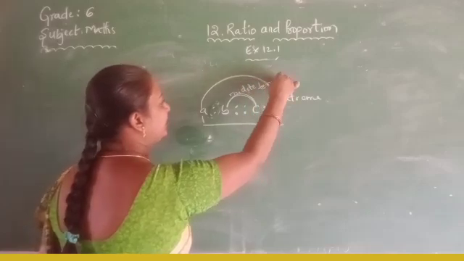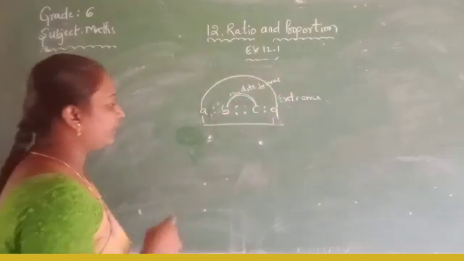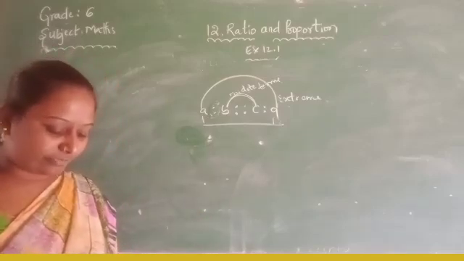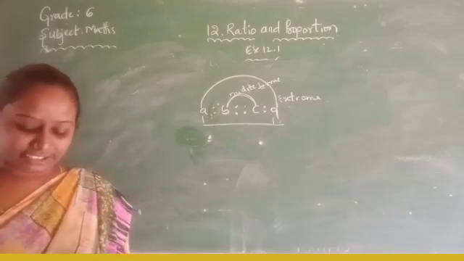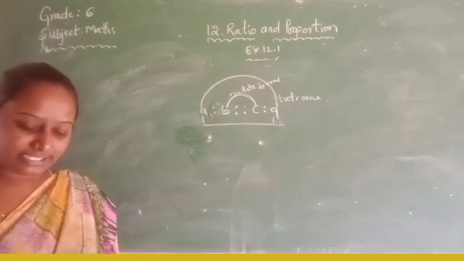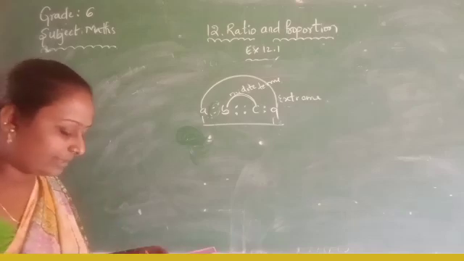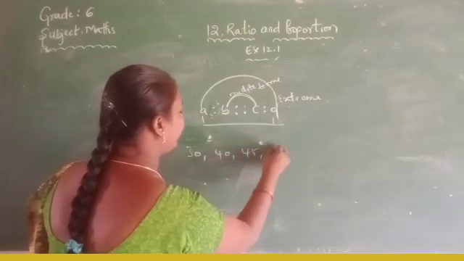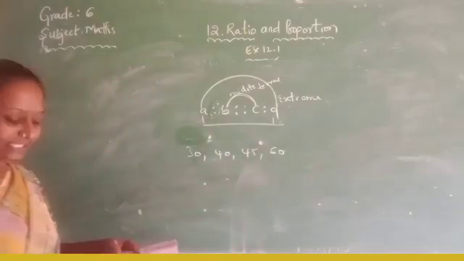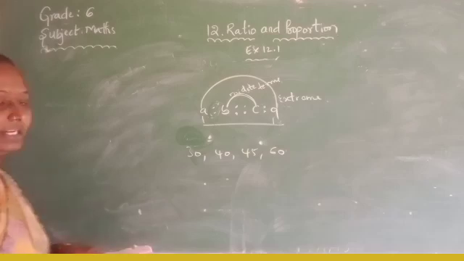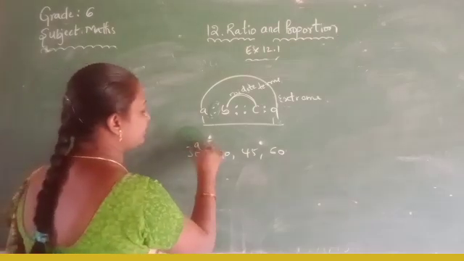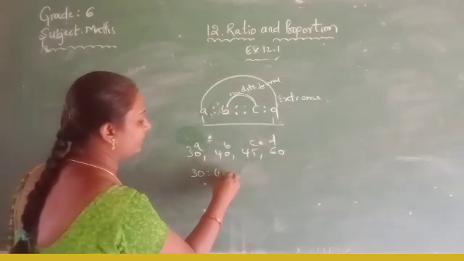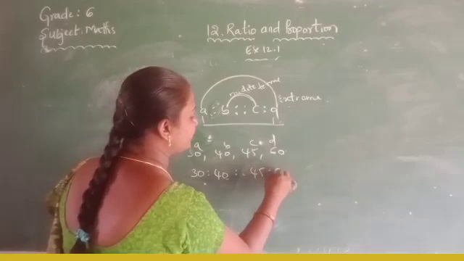So when we say that two ratios are in proportion, see here, I am taking one example: 30, 40, 45 and 60. Are these in proportion or not? How can we check? Consider these as the A, B, C, D terms. How to write this? 30 is to 40 is to 45 is to 60.